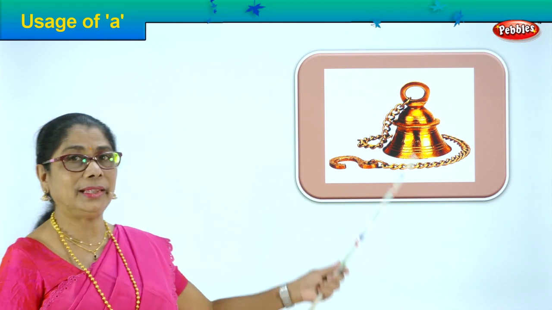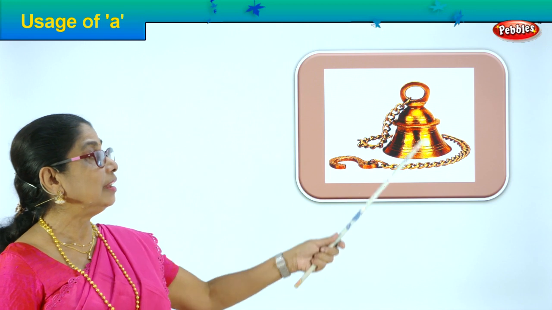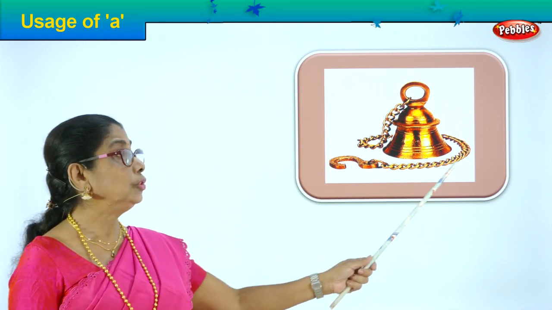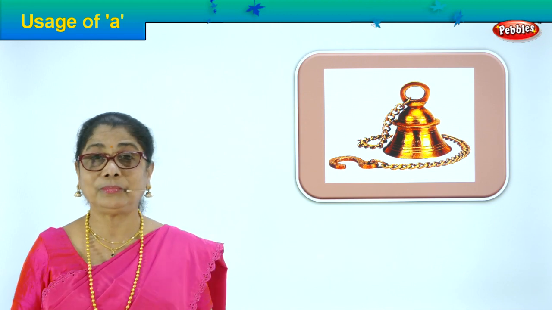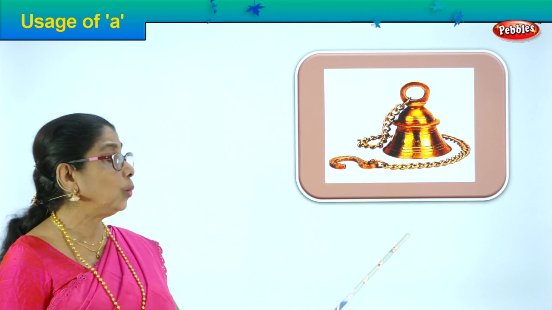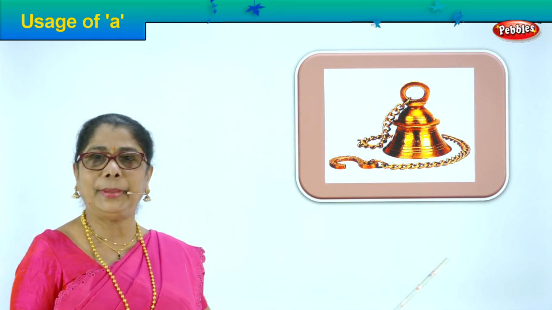Look at the picture here. What is this? There's a lovely brass bell plus a long chain to hang. So the use of a, look now, we could write the word bell. Spell bell, B-E-L-L, bell.